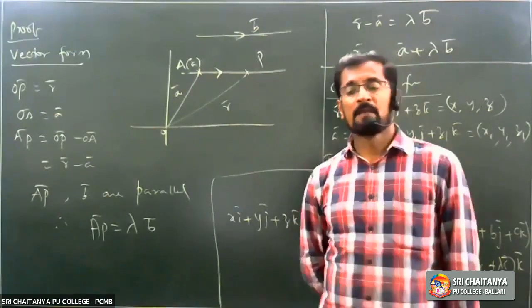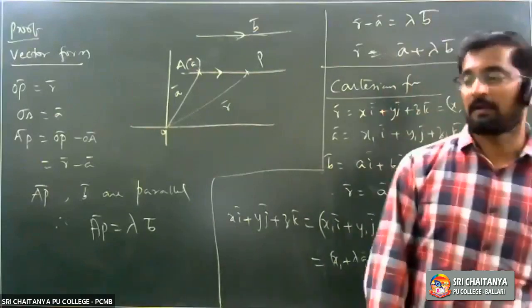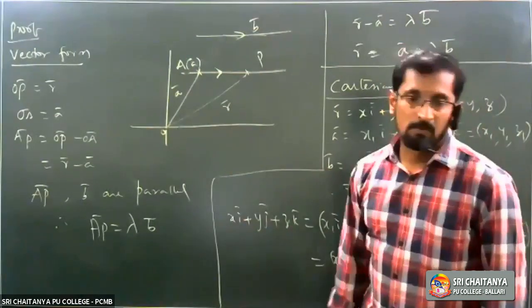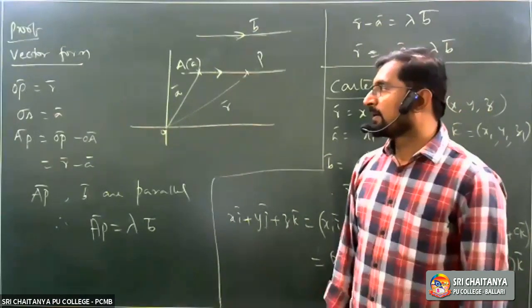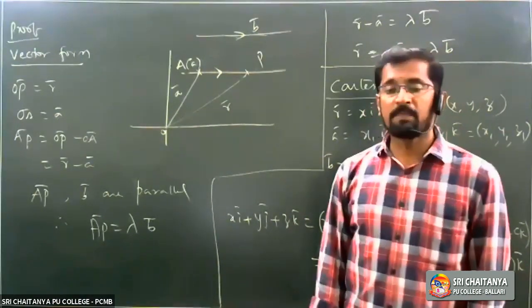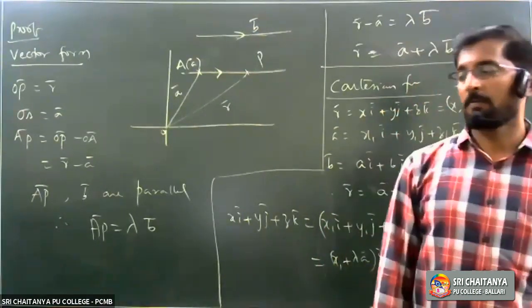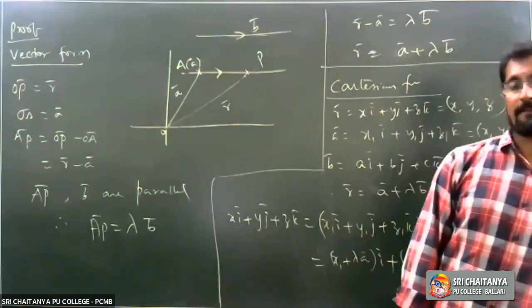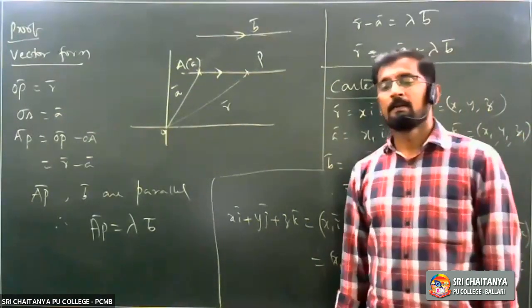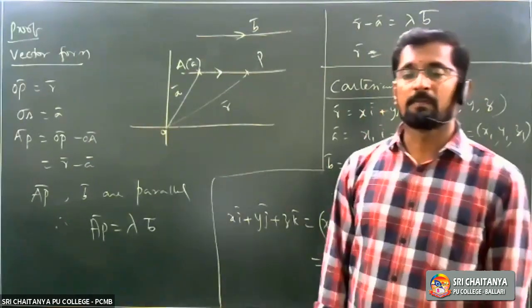Next line, OP bar is equals to R bar. Why? Because it is the position vector. OA bar is equals to A bar. Therefore, AP bar is equals to OP bar minus OA bar, which is equals to R bar minus A bar. AP bar and B bar are collinear.